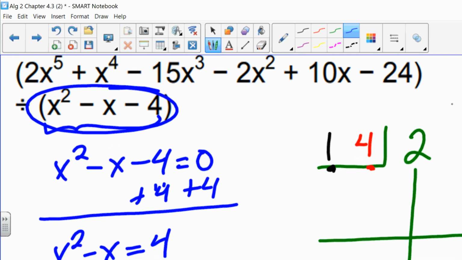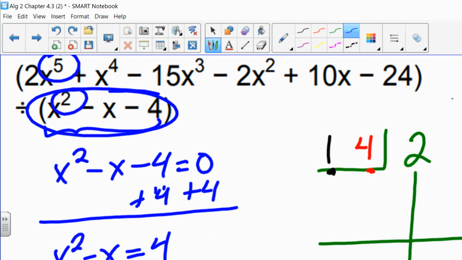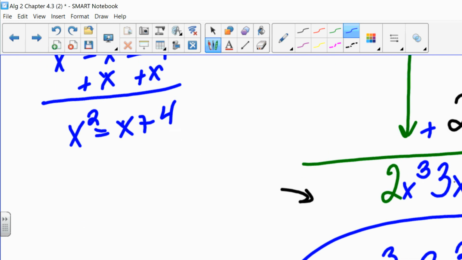Now, one thing that's interesting is, what is the degree of the polynomial that we started out with? 5, and we're dividing by a degree of 2, yes? What was the degree of our solution? So dividing by a degree 2 took it from a degree 5 down to a degree 3, yes?